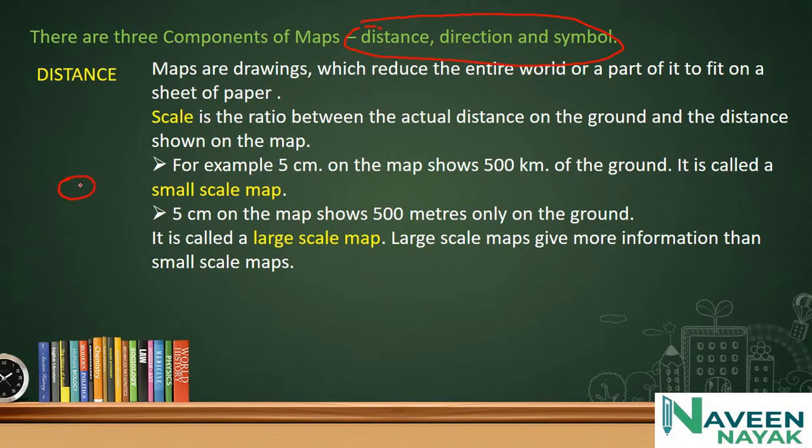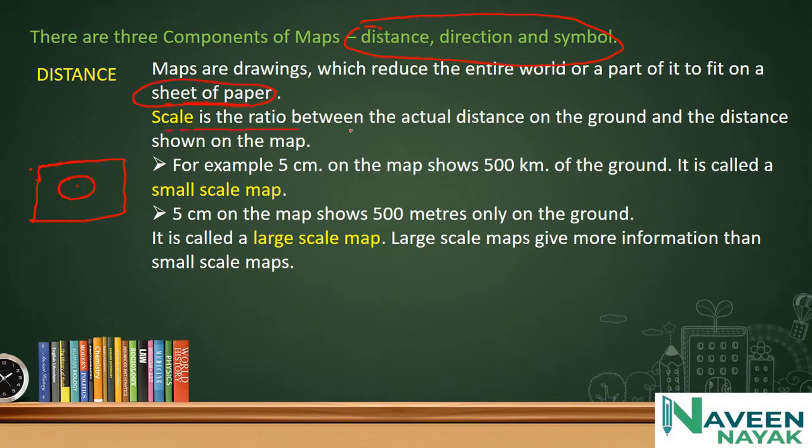We can observe that in the map, a location is very small, but in real life it is very big. So the size is reduced to show it in the map, and we represent it on paper by reducing the scale.